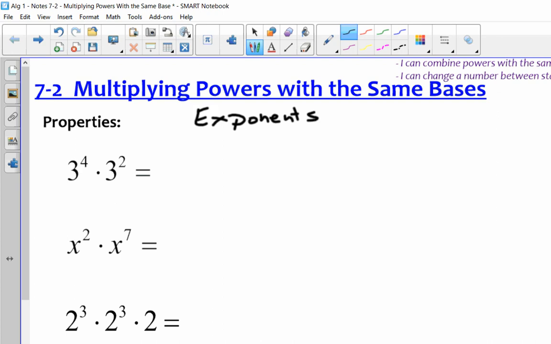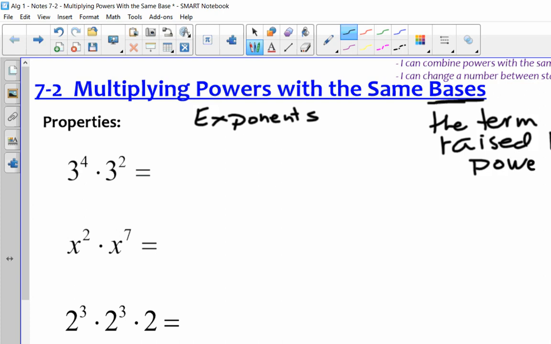The powers or exponents are telling me to do something specific, and that has to do with bases. Bases are the term being raised by powers or exponents. You can interchange those two words.